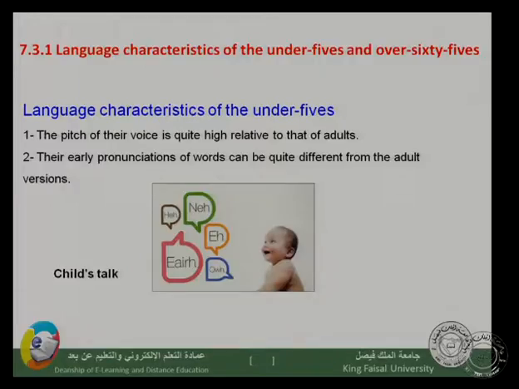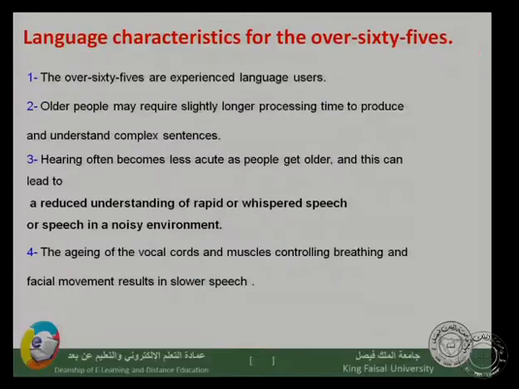The difference can be in the pronunciation of vowels, in the strength of the pitch, and in the quality and the intensity of the sound that a child usually produces. In general, their early pronunciation of words is very much different from the pronunciation of an adult. So this is basically some of the basic characteristics of the children who are under 5.